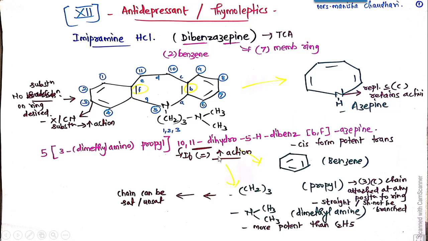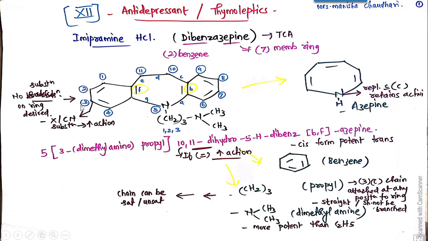Now coming towards the structural features and SAR. As you can see, this is the benzene ring, this is the azepine ring, this is the propyl parent chain, and dimethylamino is the substituent present. According to the SAR, if these benzene rings are substituted, they lead to an inactive compound. No substitution on this benzene ring is desired.